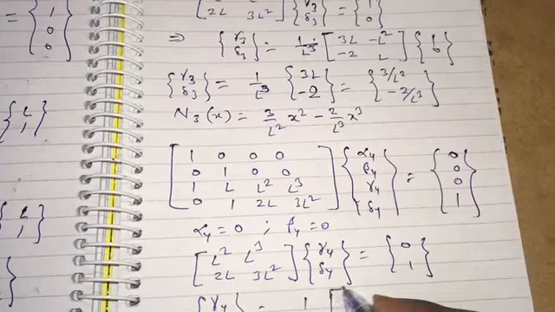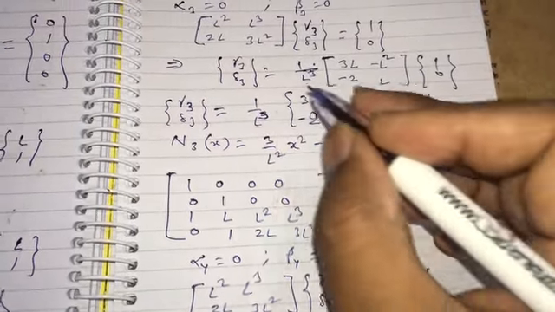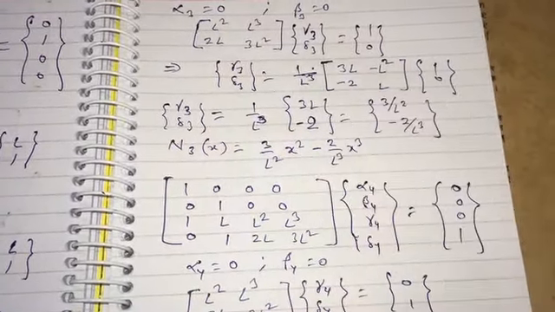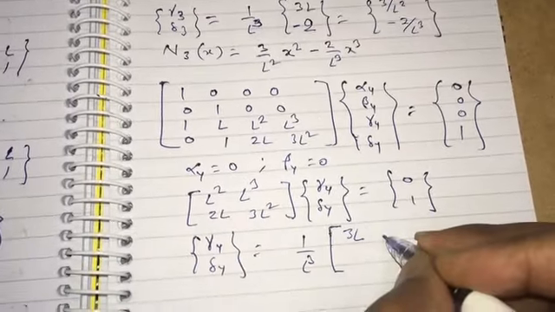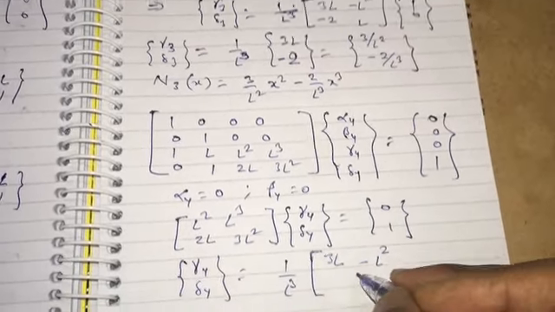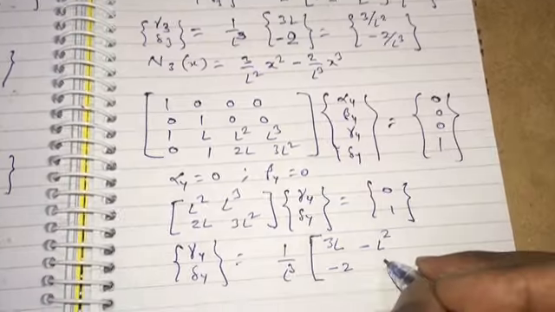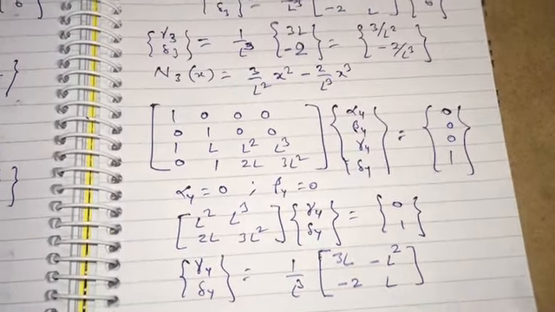Okay, and then we are just copying from here 1 over L cube, then 3L minus L square, minus 2 and L.